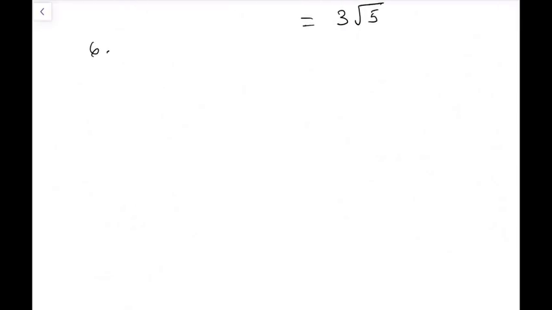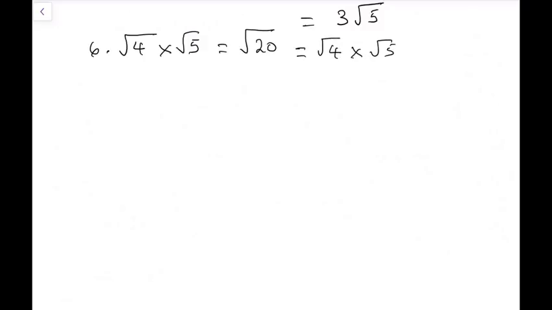For question number 6, we have square root of 4 multiplied by square root of 5. That gives us square root of 20. So we can also break it down further. So we have square root of 4 times square root of 5, and the square root of 4 is 2 times root 5, and we have 2 root 5.